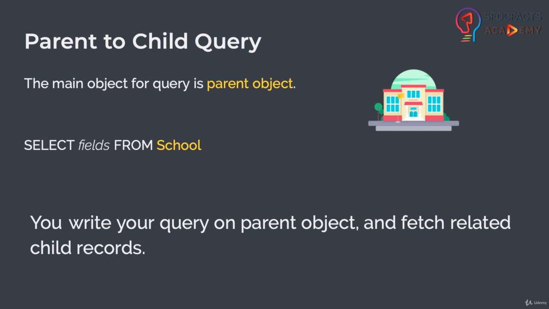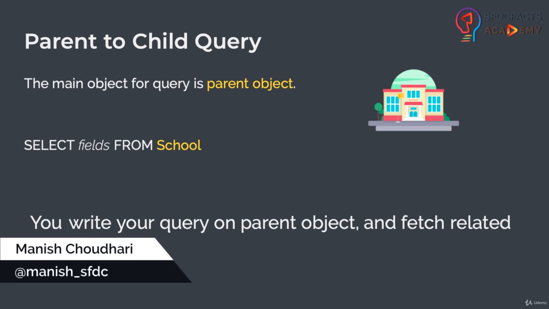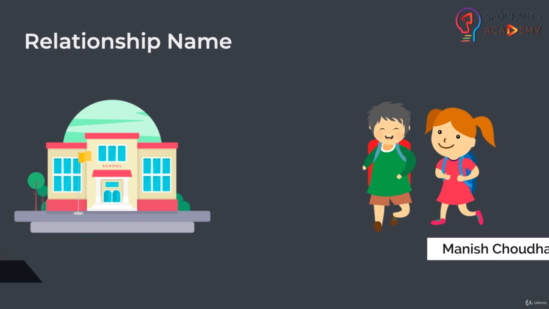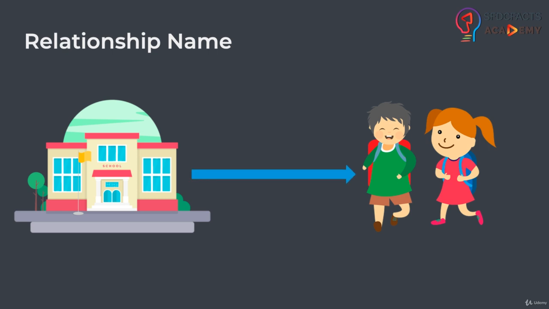Now let's understand how we can reach out to the child records from a parent object. Here I have my school object and the student object. We already know that school is the parent object of the student child object, so they both share a relationship. In this relationship, we are reaching out from school to student.